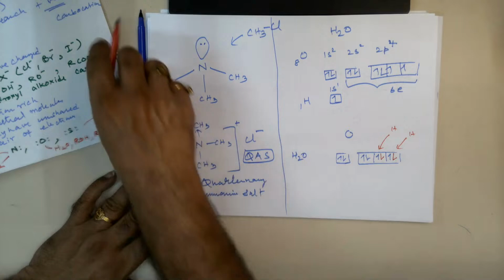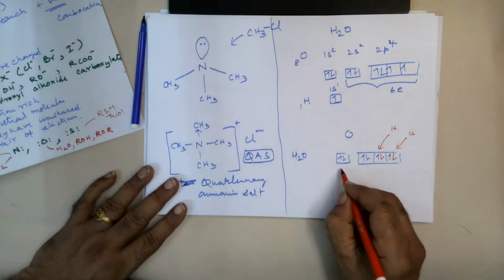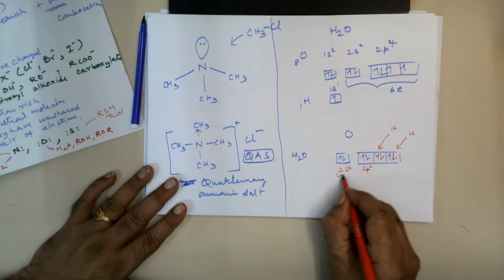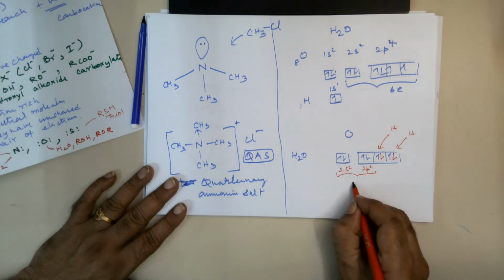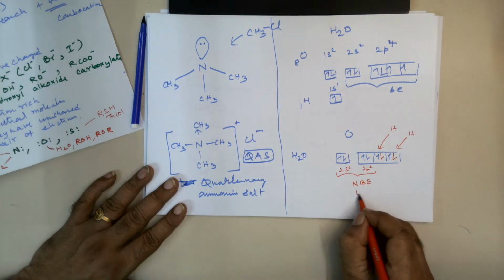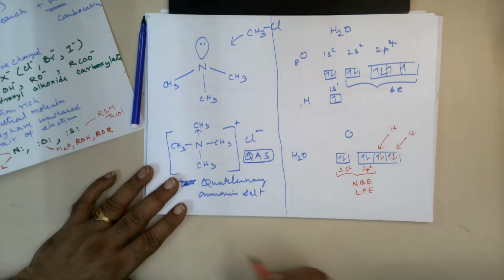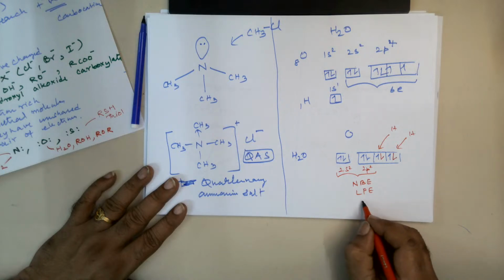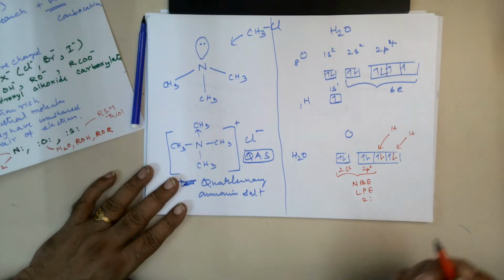But what about 2s2 and 2p2? These two are left over. They are non-bonding electrons, that is, lone pair of electrons. And that is why it is represented by 2 pairs of electrons.